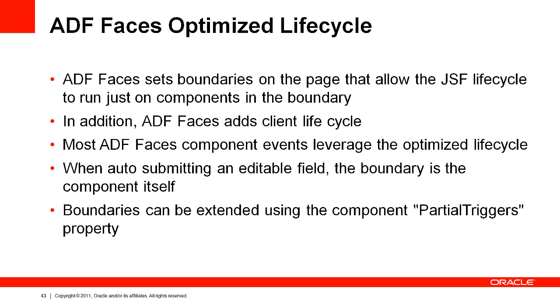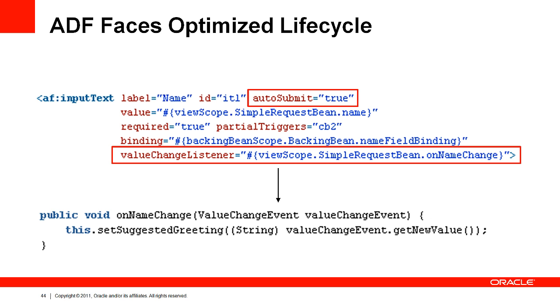So let's look at our example here. In our example, we want to change the suggest field population with an auto submit that we put on the name field. The idea is that instead of you pressing the button to update the suggest field, as soon as you type a name into the name field and step out of it, this will trigger a value change event, and this value change event should update the suggest greeting.